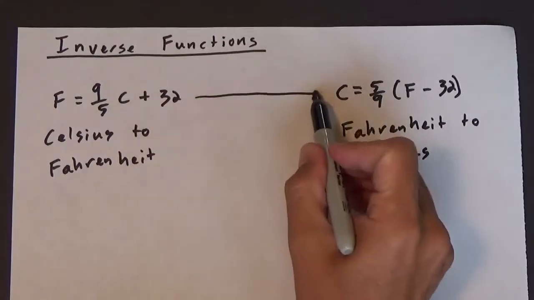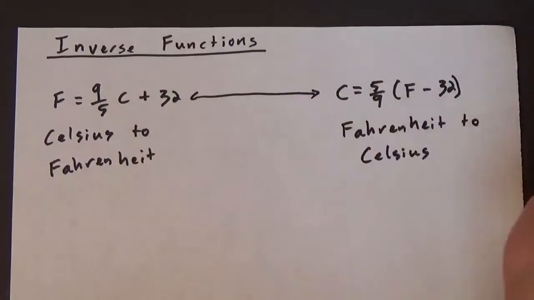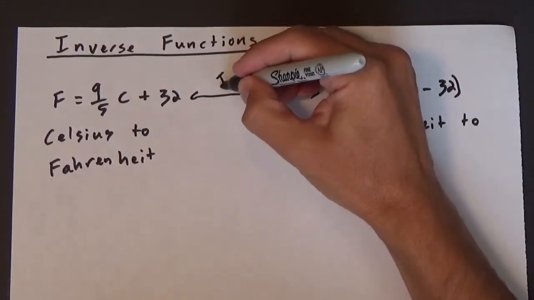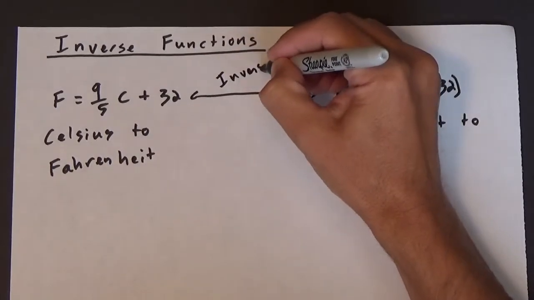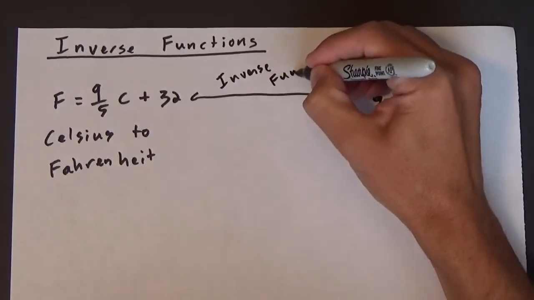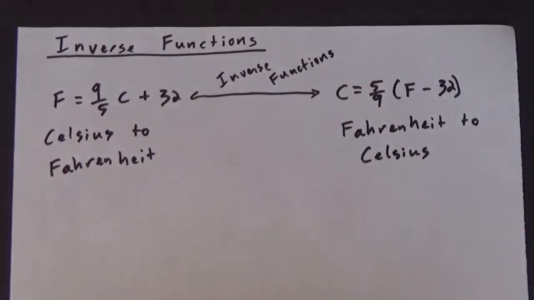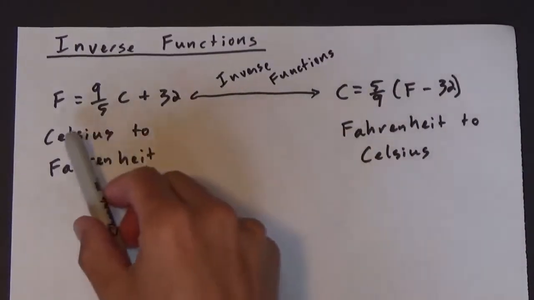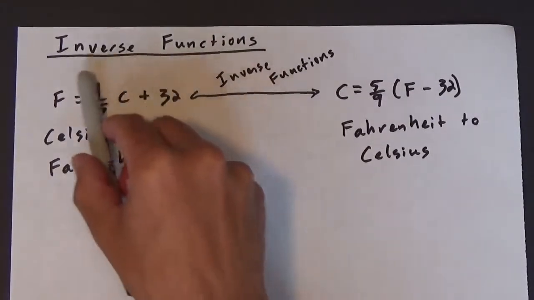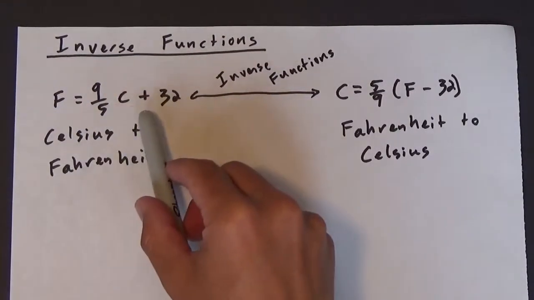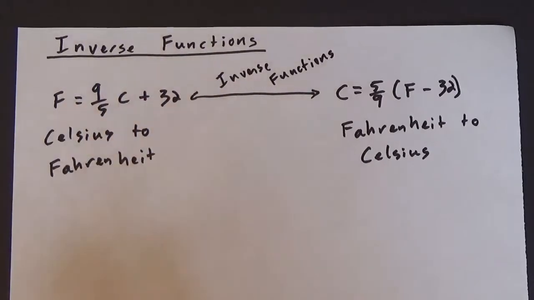And so these two equations are actually inverse functions of each other. This is just an example, and a well-known example, of what inverse functions are. If I had this formula first, Celsius to Fahrenheit, someone might ask, what if I have Fahrenheit?